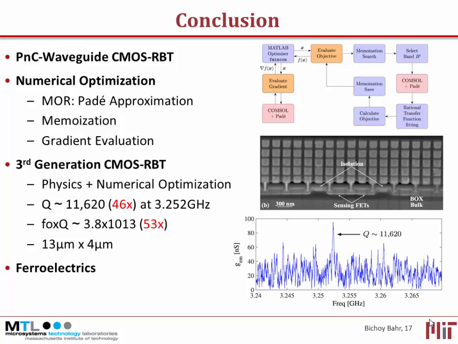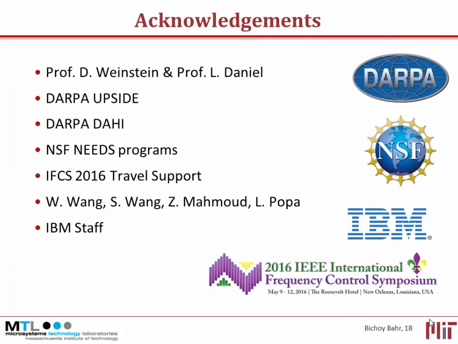And of course, the device size is very small, 13 micron by 4 micron. And finally, in order to improve the amplitude of the signal we get from this device, we are switching to ferroelectrics. And with this, I would like to thank all our sponsors and especially IFCS for their travel support.